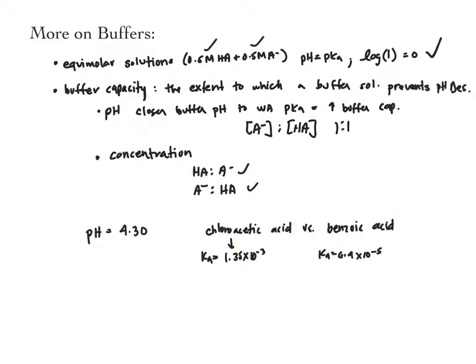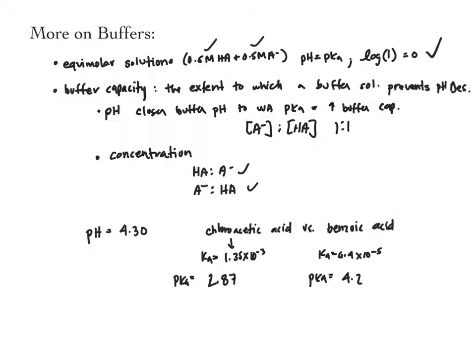We know that buffer capacity increases as the pH is closer to the pKa. So in this case, we've been given our Ka values, so let's go ahead and calculate our pKa's, which are going to be 2.87 and 4.2 respectively. Okay, so the buffer solution that we want to make is going to be the benzoic acid and its conjugate base. Why? Because this pKa is closer to the pH that we desire.